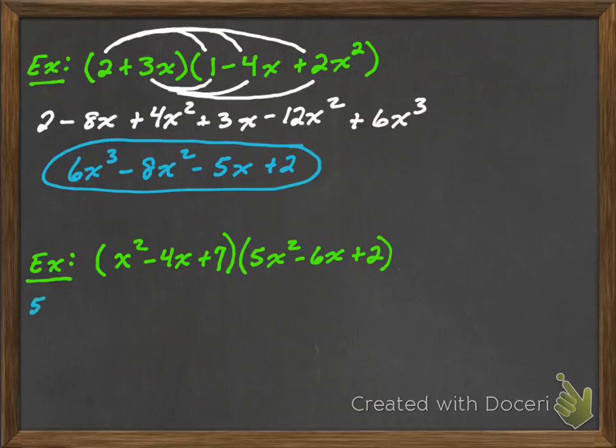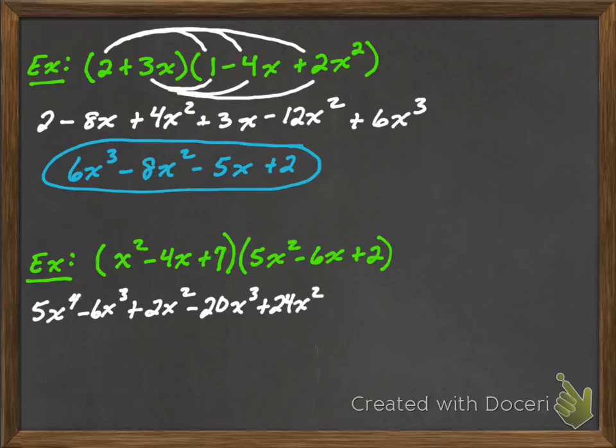That's going to give you 5x to the 4th minus 6x cubed plus 2x squared minus 20x cubed plus 24x squared minus 8x plus 35x squared minus 42x plus 14.